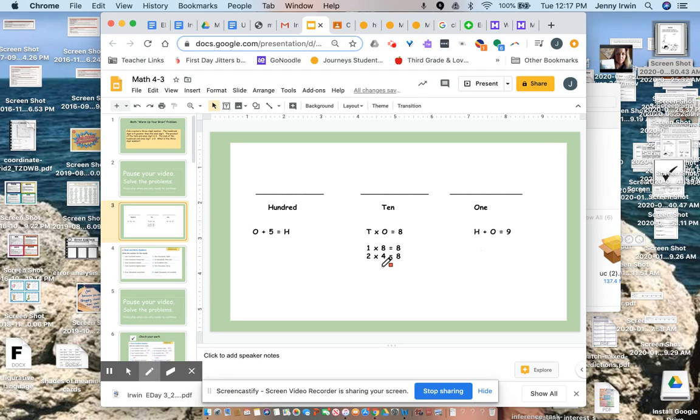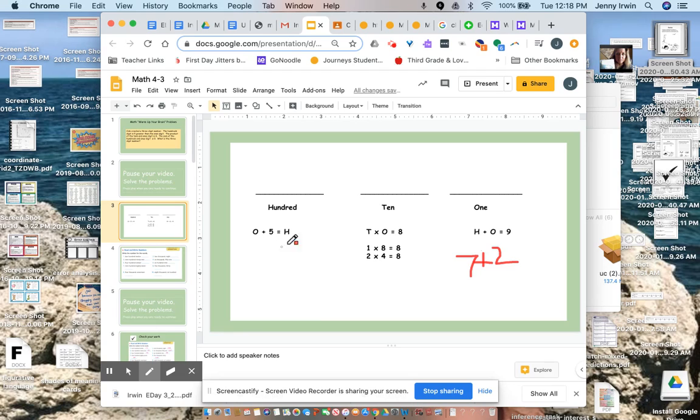I'm going to put the 4 in the tens place and the 2 in the ones place. So that would be 4 times 2 is 8. The ones place is a 2. What plus 2 equals 9? So I know the hundreds place might be 7.